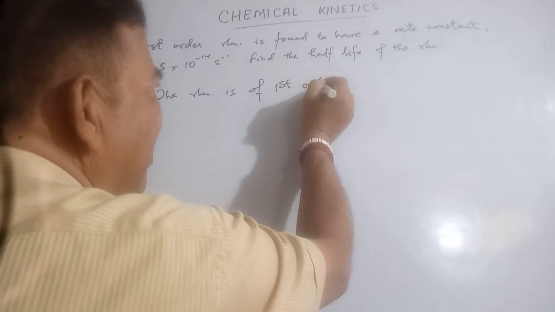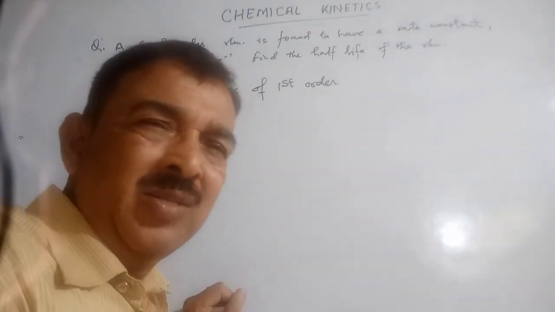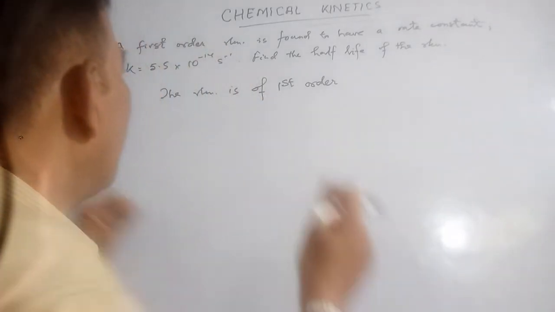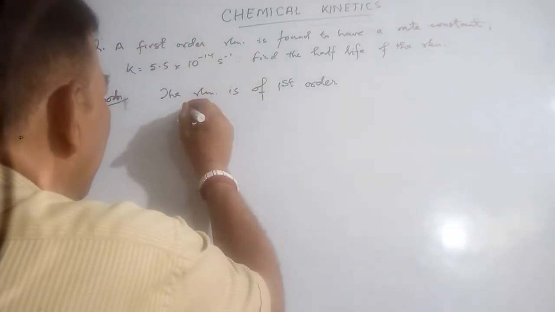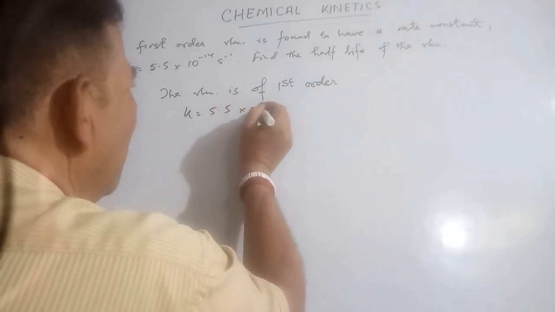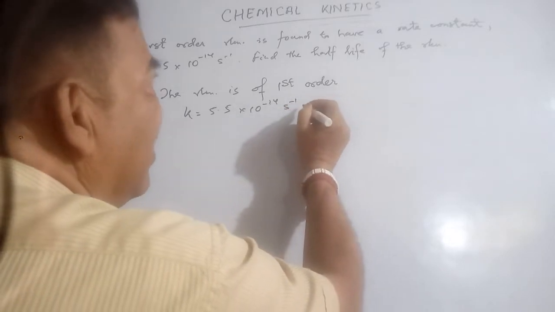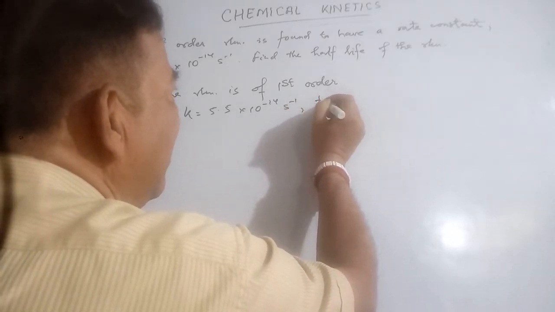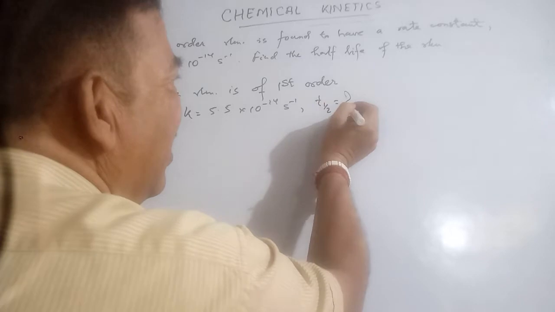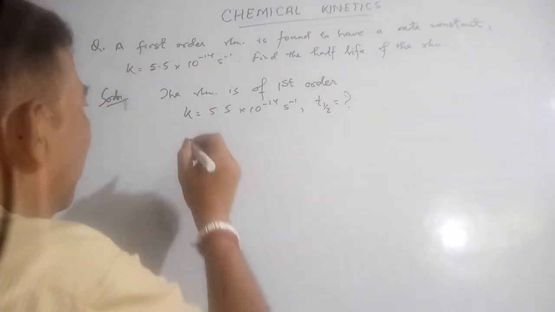First of all, you have to write in this way whether the reaction is of first order or zero order. Now, K is equal to 5.5 into 10 to the power minus 14 per second, and T half, the half-life, is being asked.